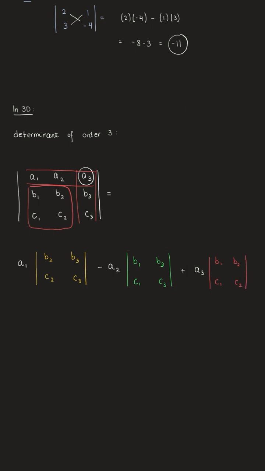And finally, if we expand all of this using our definition for the determinant of order 2, we'll have A1 multiplied by B sub 2 times C sub 3 minus B sub 3 times C sub 2. And now we have minus A sub 2, and here we use our order 2 determinant definition: B1C3 minus B3C1.